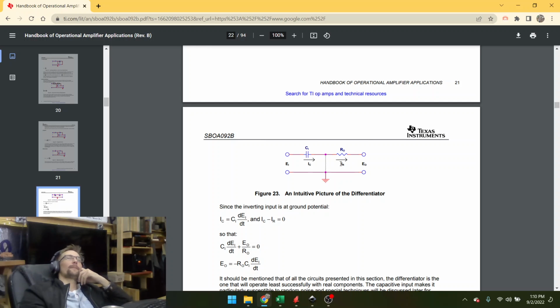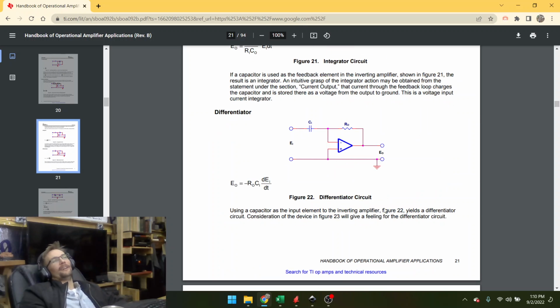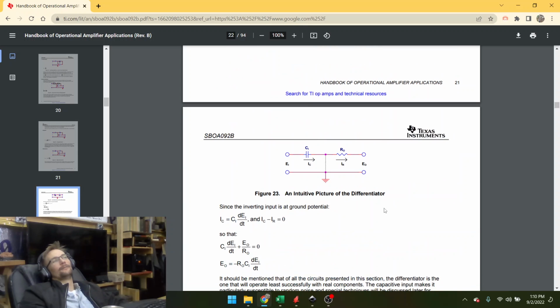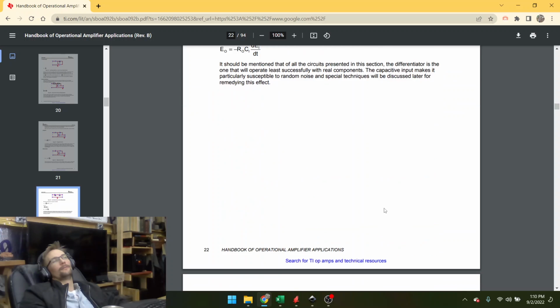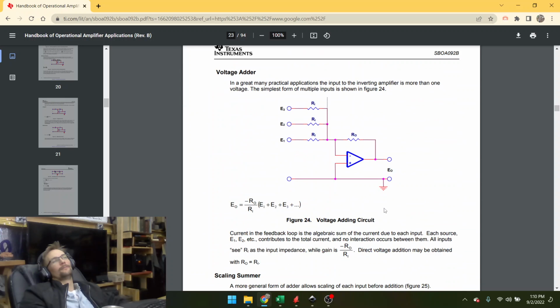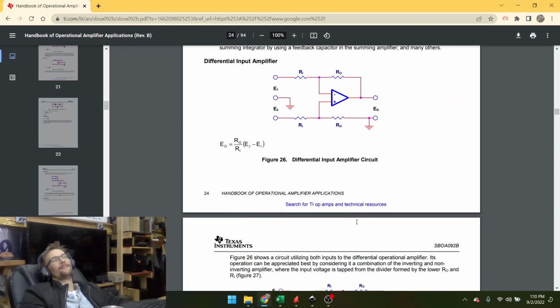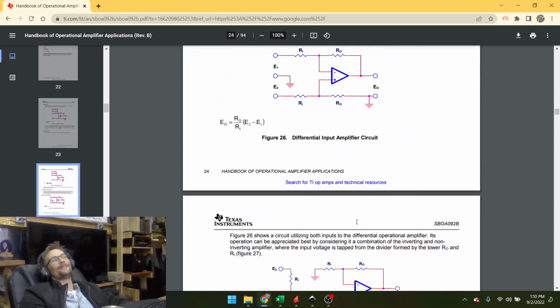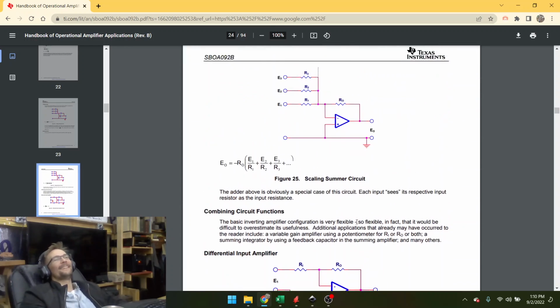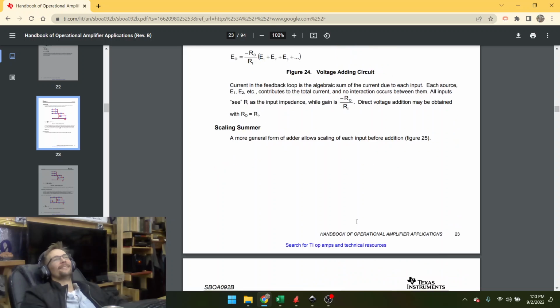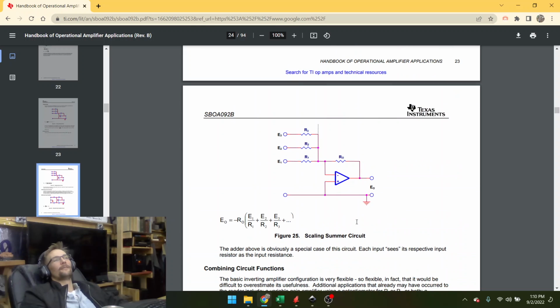Differentiator, the cap before the resistor. Oh. Voltage adding. Do they give me an intuitive of this one? Ah, no more intuition. That was fun. Okay.